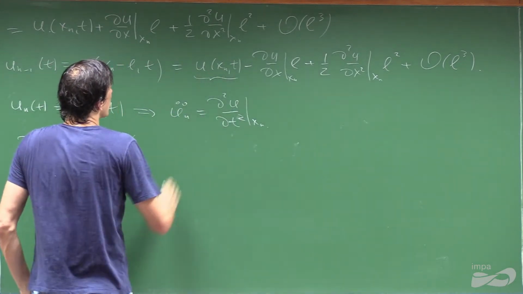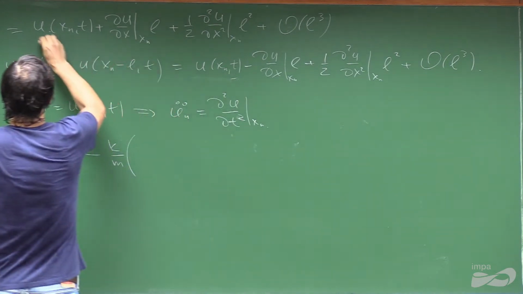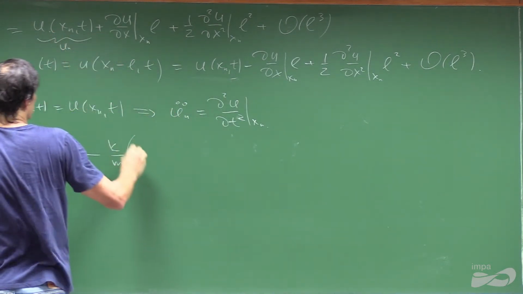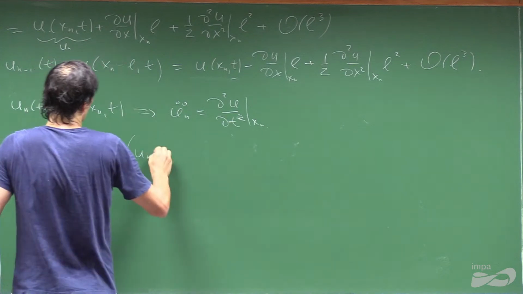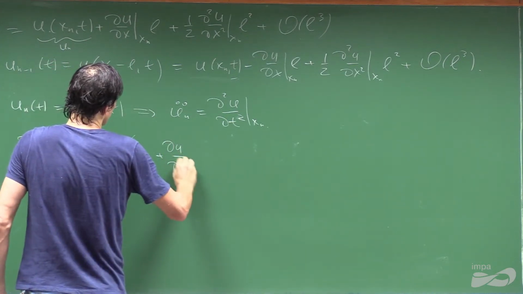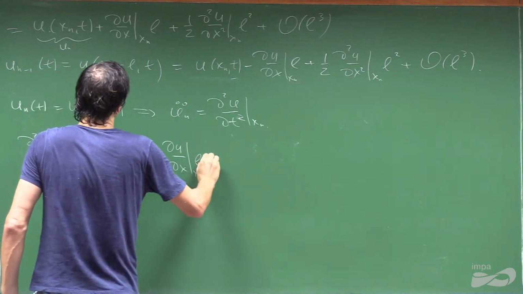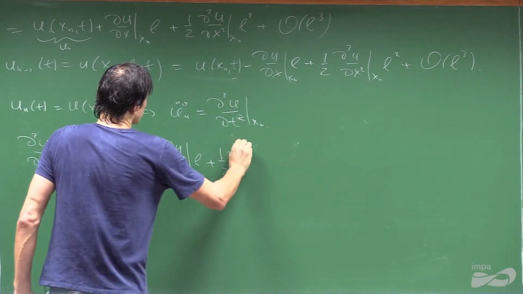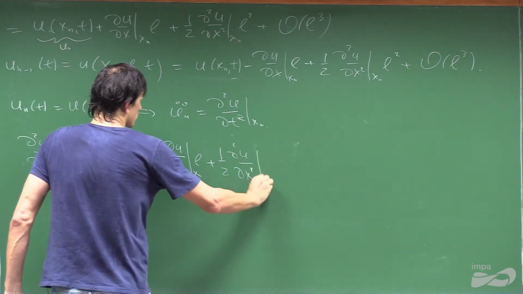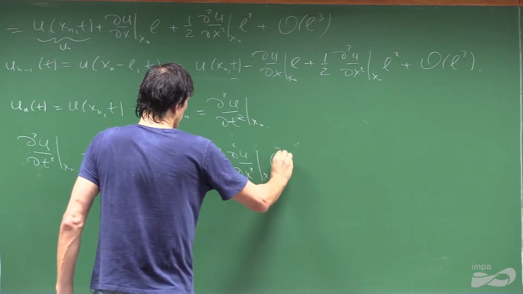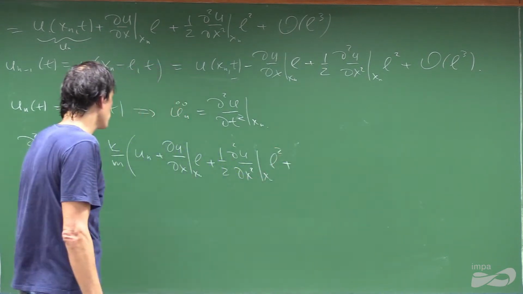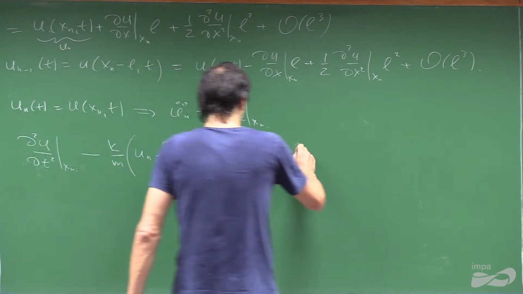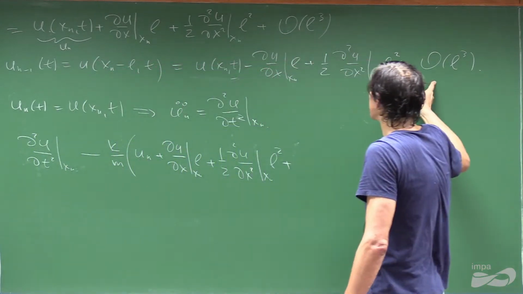So we put this piece. We start with that, right? So this is un. So it will be un plus du/dx plus 1/2 d2u/dx2. I will put this term at the end.